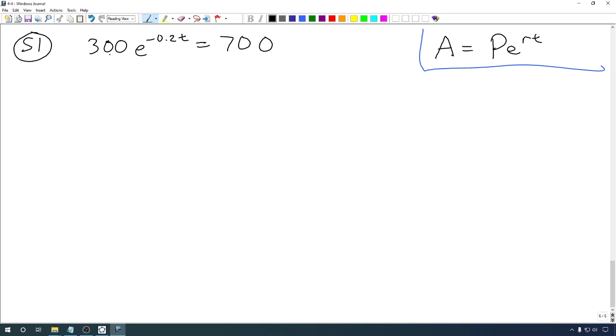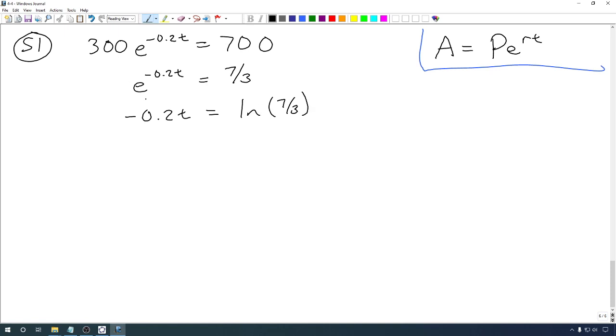Well, the first thing I'm going to do is divide out by the 300, which cancels the 100 part of that, but we're left with a 7/3. But remember, now we have e to some power equals a number. This is equivalent to saying that the power is equal to the natural logarithm of the number.